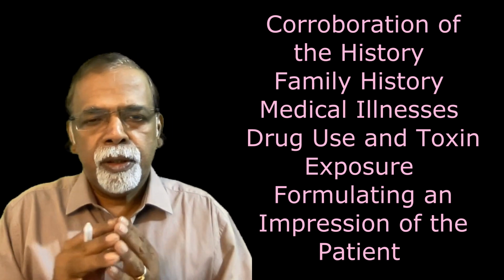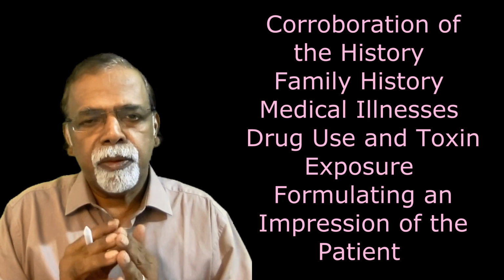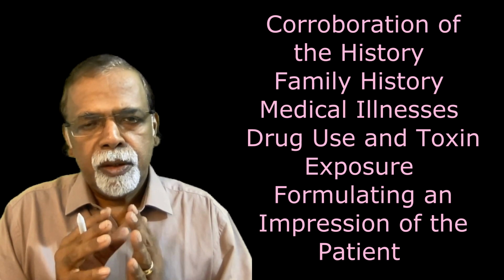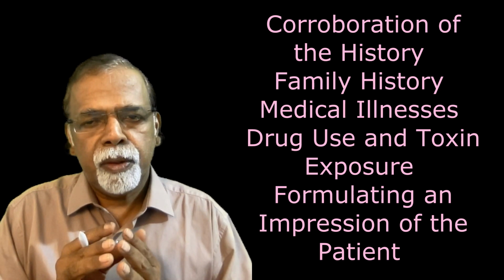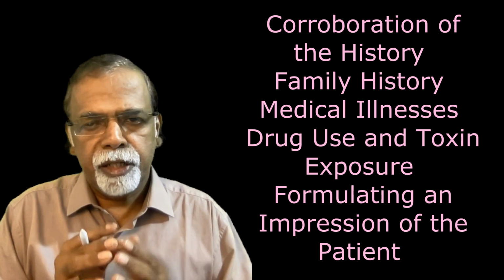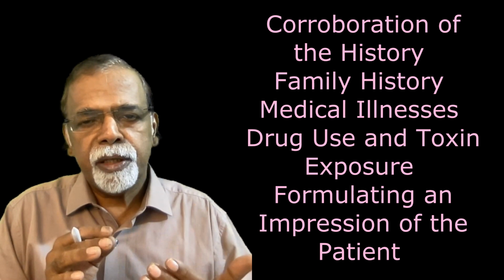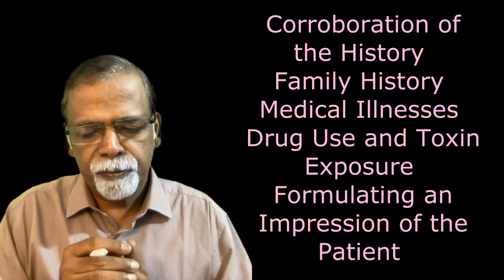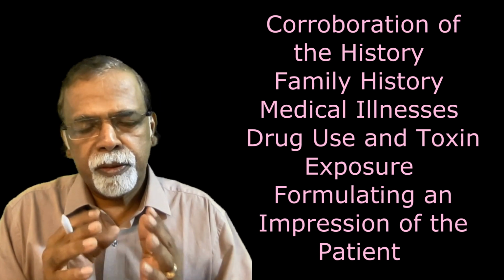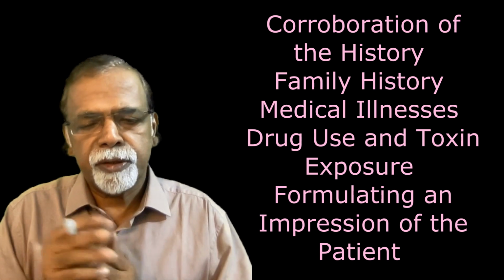So in conclusion, history is very important. You have to spend a lot of time for history. Try to define the anatomy. Try to identify the pathology by taking the temporal progression of the disease. Always confirm that what the patient says and what you understand are the same.